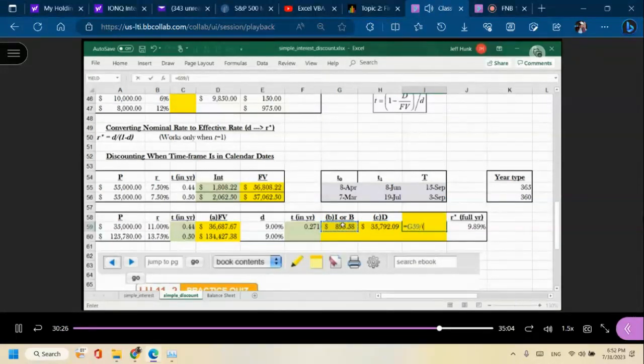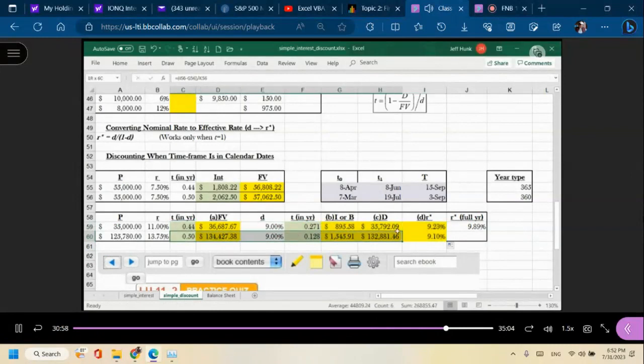This divided by, B divided by D times T. No, that's not T, I'm sorry. This is the T. There you go. Okay, 9.23. So compared to the discount rate, the effective rate is greater. If you highlight all those cells and drag it down, the second problem is also taken care of.